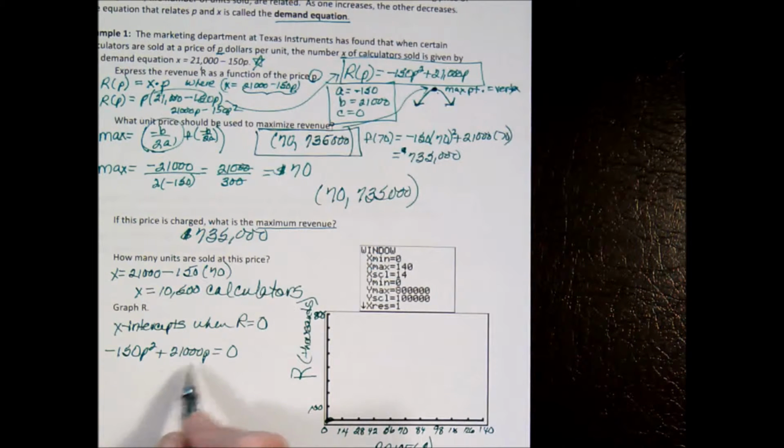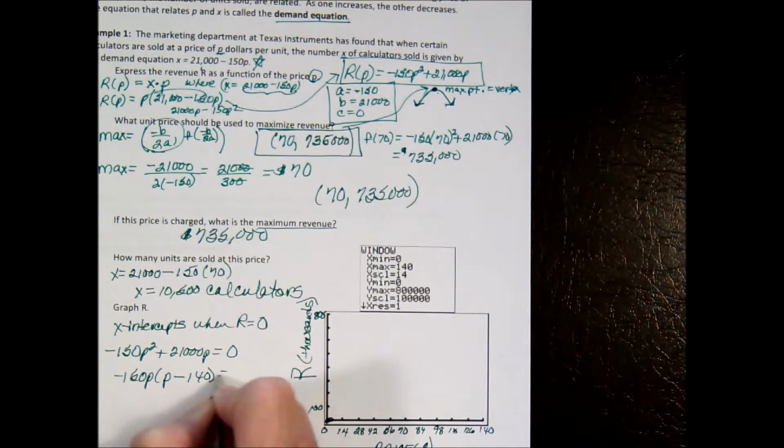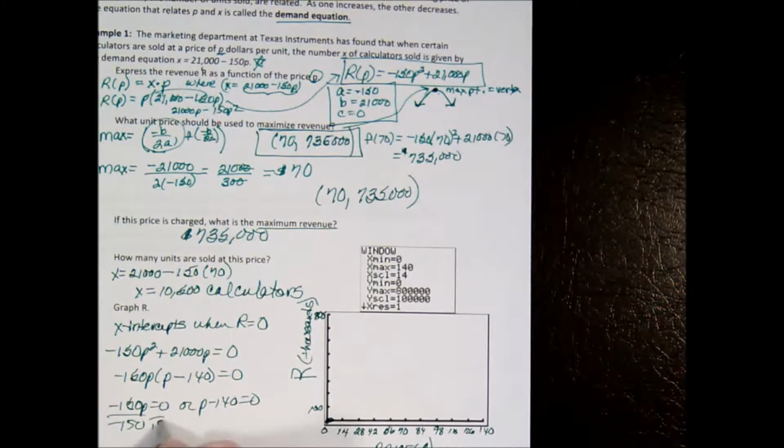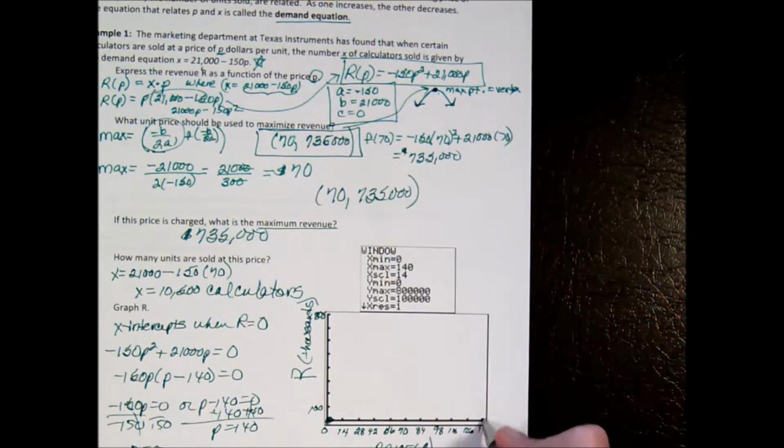I can factor out a negative 150 p, and I'm left with p minus 140 equals 0. So either negative 150 p equals 0 or p minus 140 equals 0. Here I divide by negative 150 and I get p equals 0. Well, that makes sense. If the price is 0, then obviously I have no revenue. But there's also going to be a price where it's so high that nobody buys them. And that's going to be this one. So I add 140 and I get p equals 140. This is also a 0.